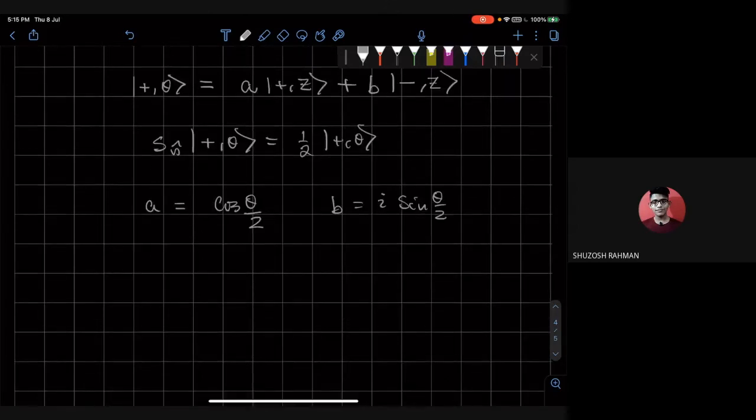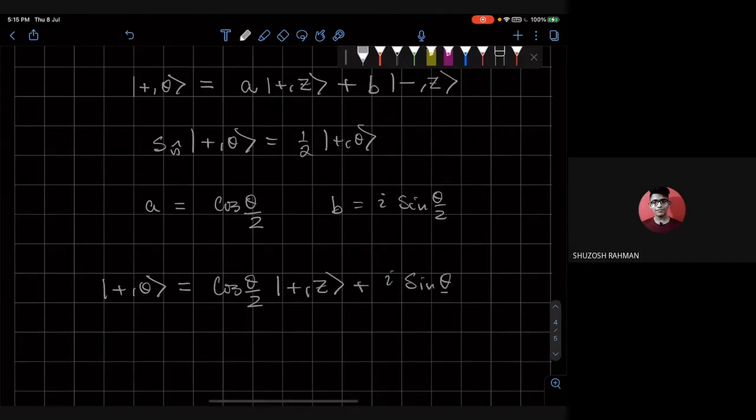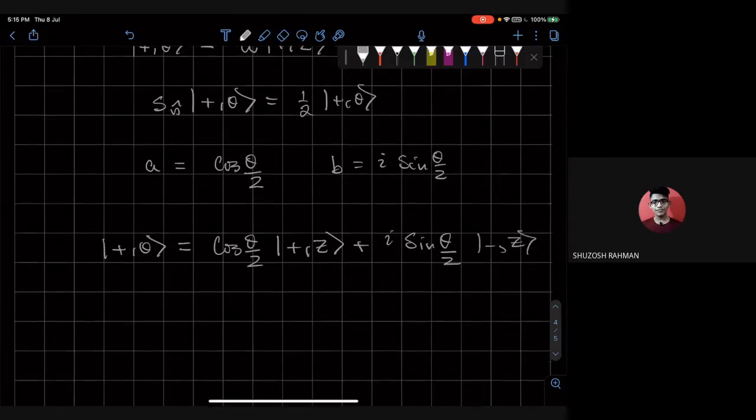And therefore, our |+,θ⟩ eigenvector is cosine of theta by 2 |+,z⟩ plus i sine of theta by 2 |−,z⟩.